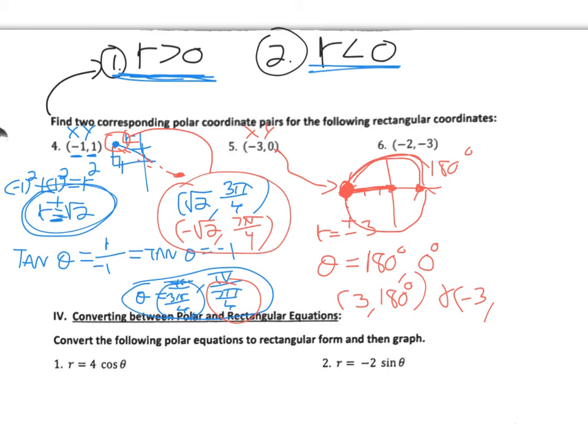I could go this way or this way, I'm still going to end up here, and that angle is at 0 degrees. So these are the two possible points for number 5. We could also say 3, pi and negative 3, 0 in radians. That's how, if you have x and y, you convert and get r and theta, and you can get two points where r is positive and r is negative.